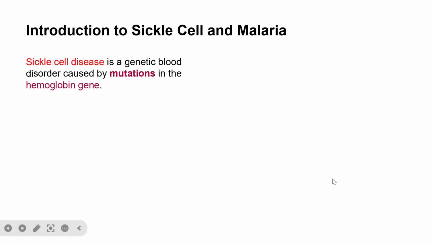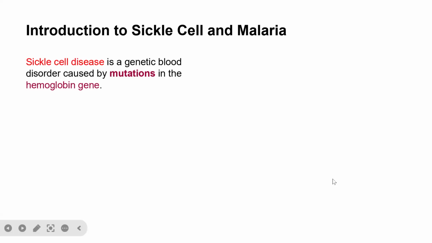For more detail on how the sickle cell affects hemoglobin, I'm going to draw a 10-minute video on how this mutation occurs in the hemoglobin that leads to the sickle cell disease. It's very important, I think you need to watch that video.